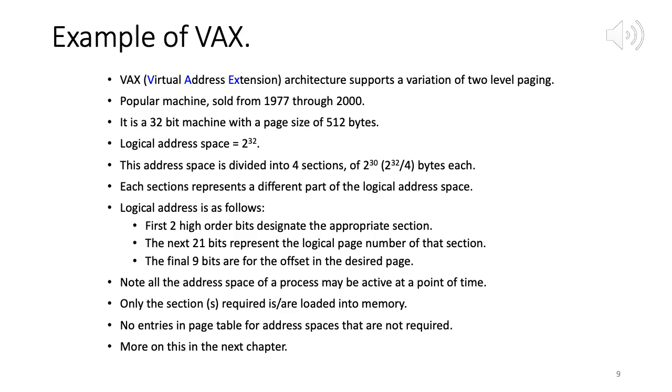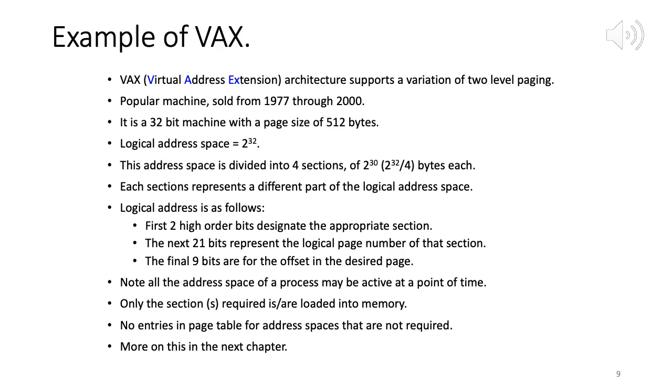The logical address space is 2 raised to 32 bytes, and this address space is divided into 4 sections of 2 raised to 30 bytes each. Each section represents a different part of the logical address space.